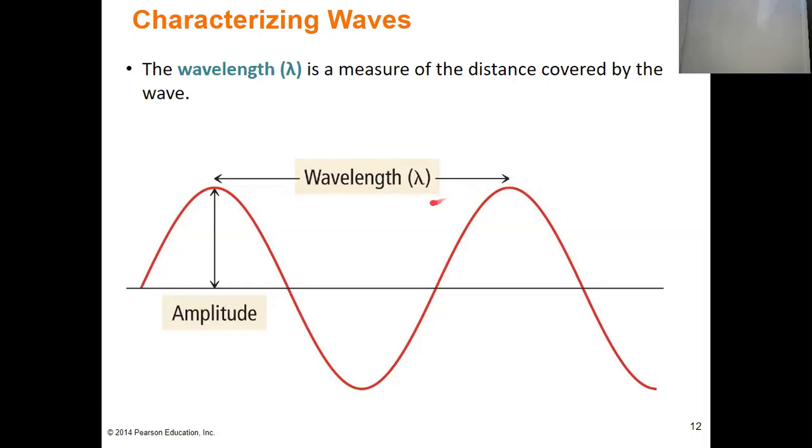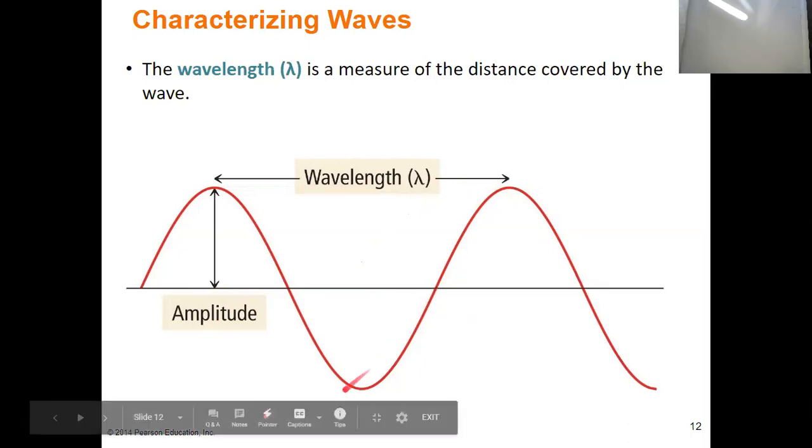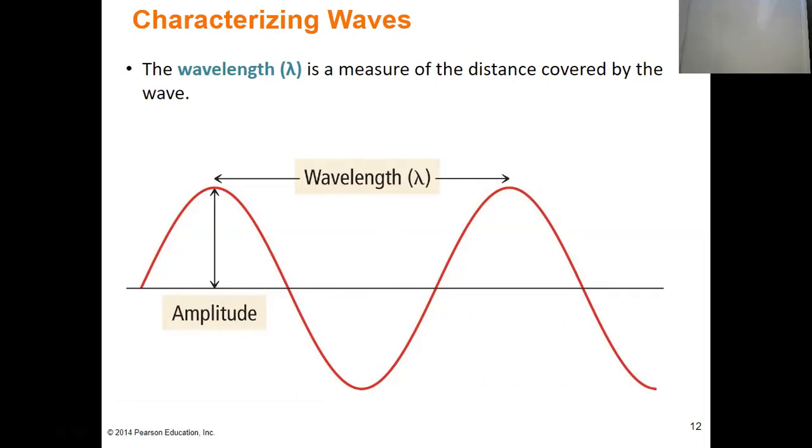You could similarly measure one node intersection to a second node intersection. That could also be one wavelength. Or one trough to another trough would be another example of measuring a wavelength. But you're measuring the actual distance that the wave travels in that period.